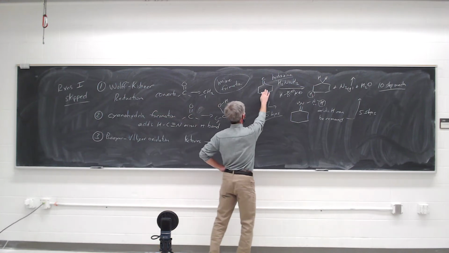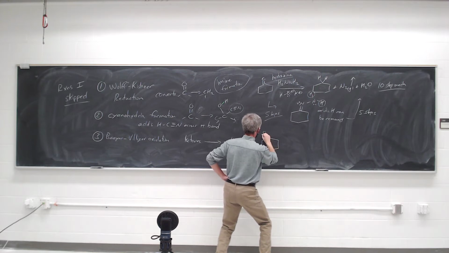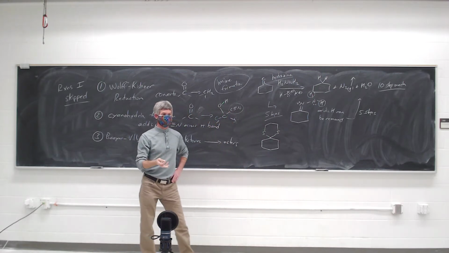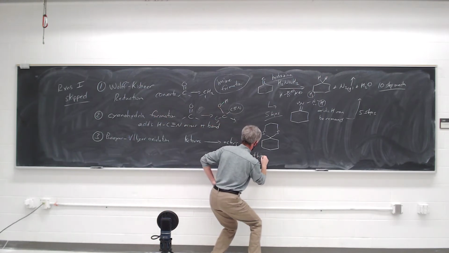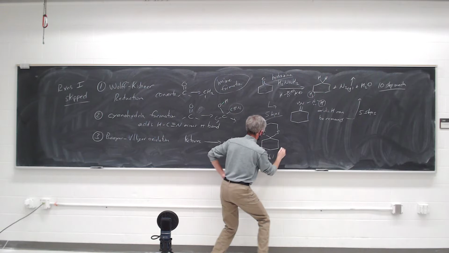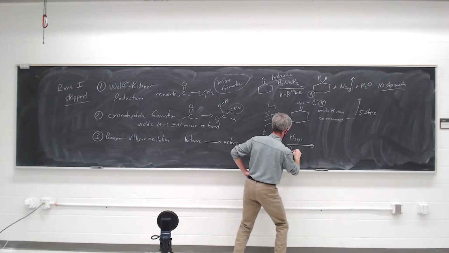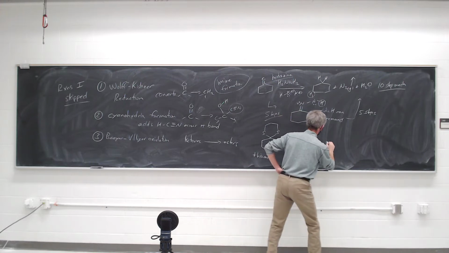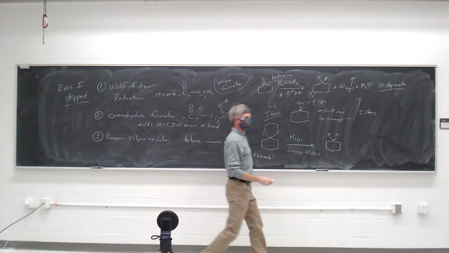The other way that you've seen, that I didn't cover explicitly, of converting a carbonyl group to a CH2 is to go through the thioacetal, and then treat that with hydrogen gas and Raney nickel. That also chops that off.